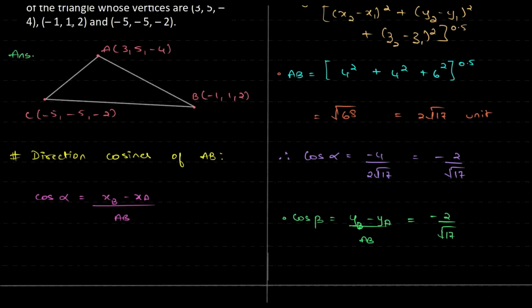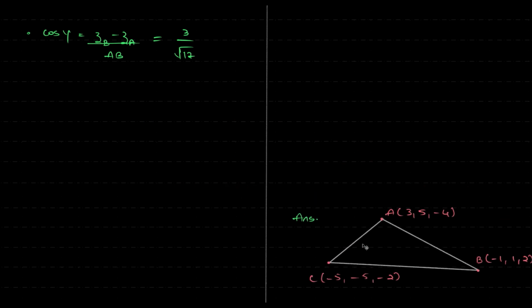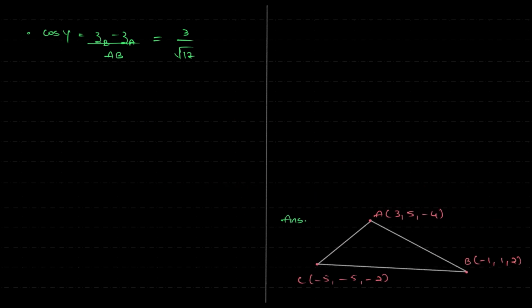We need this diagram, so let it be there. Next, we have to figure out the direction cosines of BC. BC is over here, and the order will not matter.